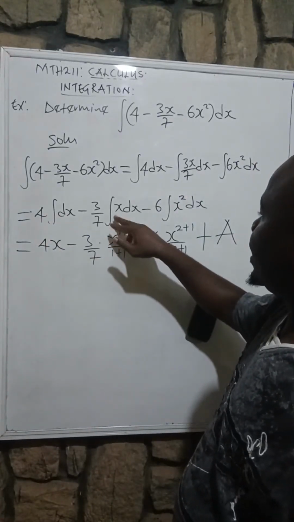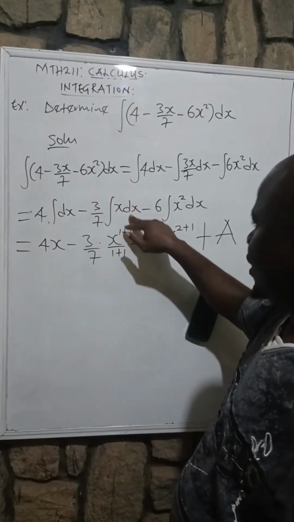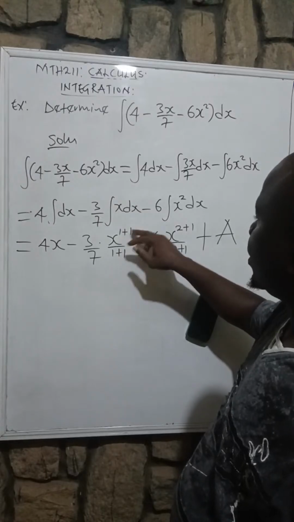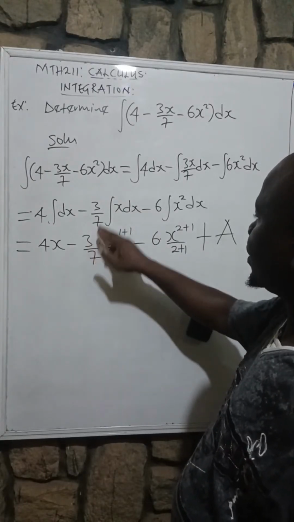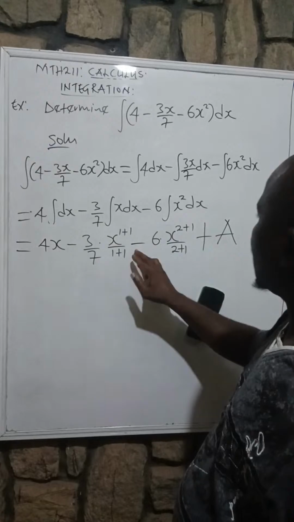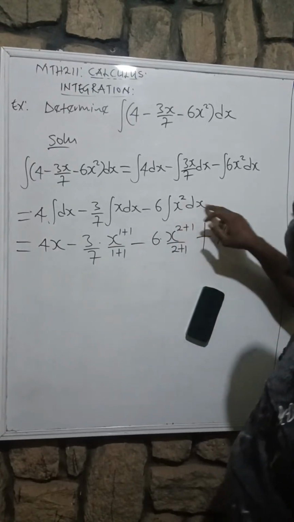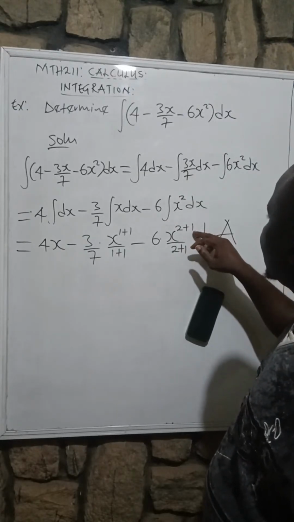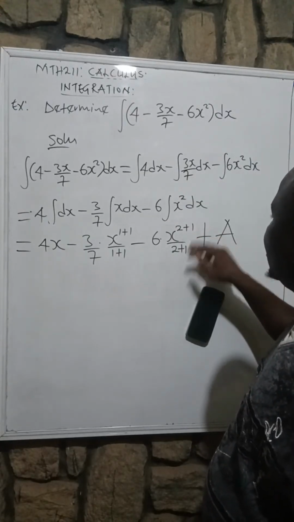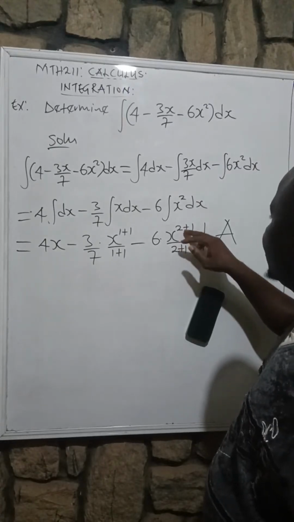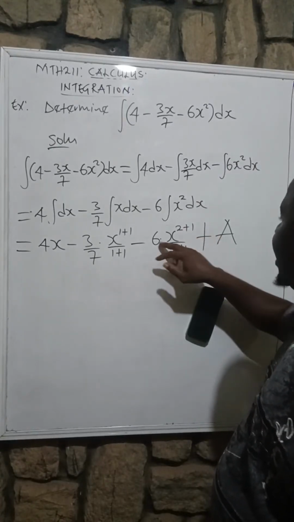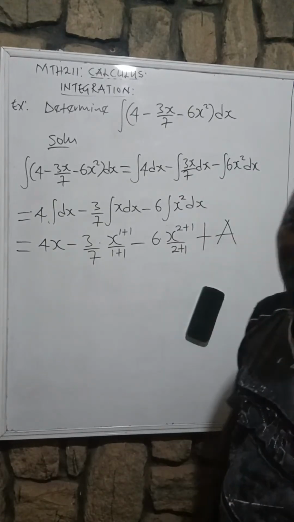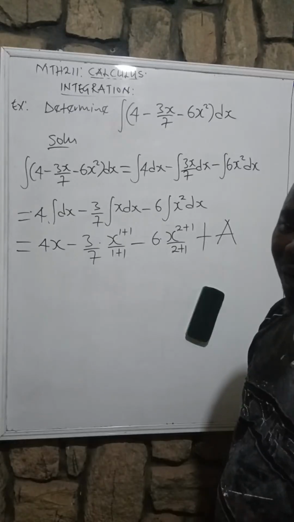Then if we integrate x dx, you are going to have x raised to the power of 1 plus 1 all over 1 plus 1 times this constant, 3 all over 7, minus, if you integrate x squared dx, you are supposed to have x raised to the power 2 plus 1 all over 2 plus 1 times the constant, plus any constant a, b, c, d, or anyone.